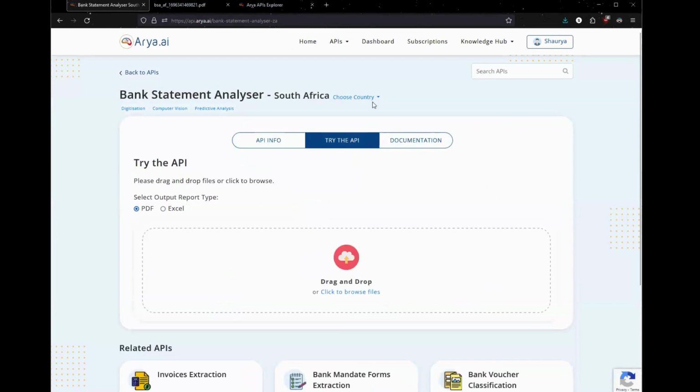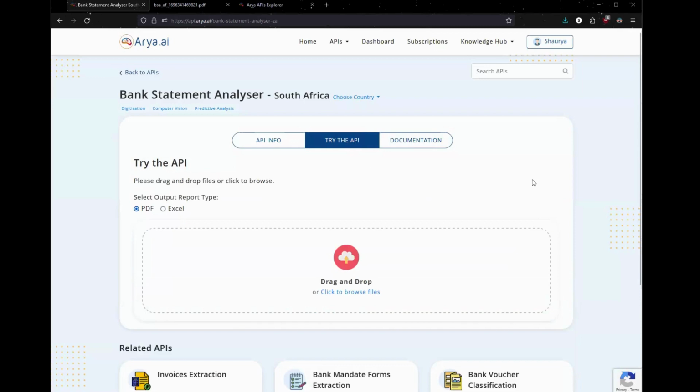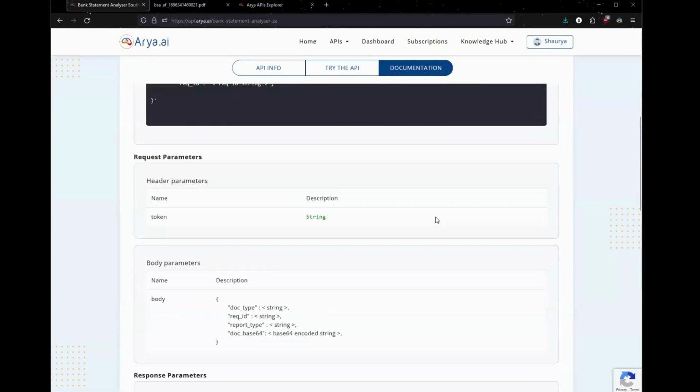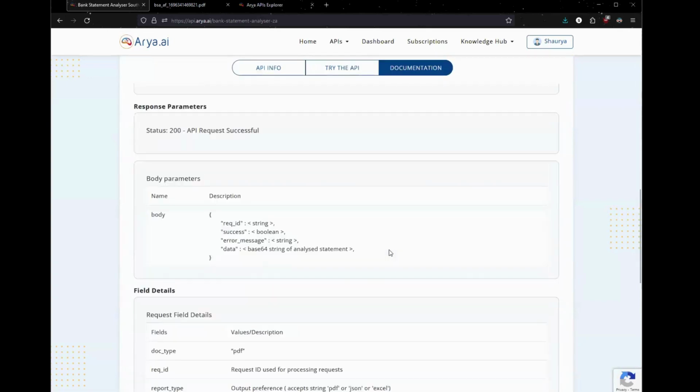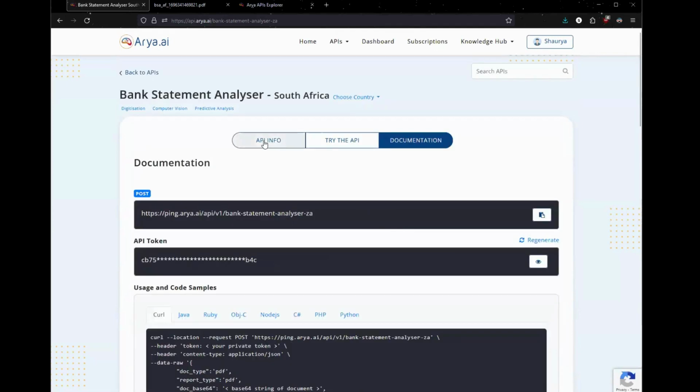Okay, another question I got is regarding the JSON response. The JSON response can be accessed using the backend API service, which I mentioned here. Since JSON is mainly used in the backend by companies, we support getting the JSON response using the report type argument field here, and you can just mention JSON here, and that's how you get the JSON response.